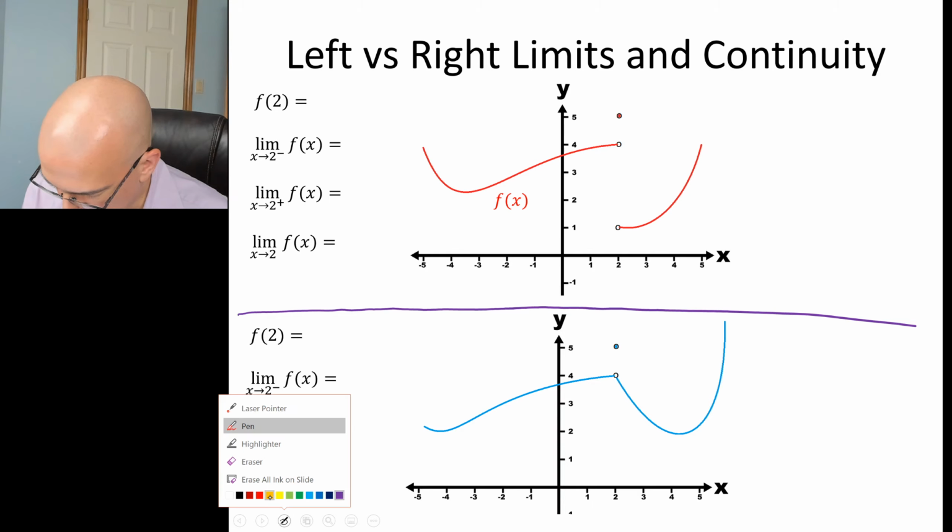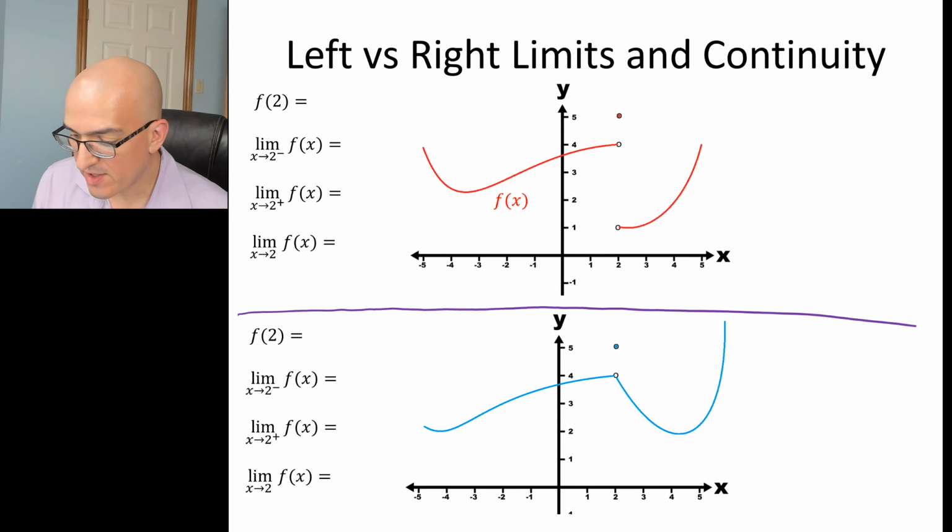For the top graph, we're asked, what is the value of the function when x is exactly 2? That's f of 2. So we go to an x value of 2, and we're looking for the filled-in circle. And that filled-in circle is happening on a y value of 5. Remember, when you plug a number into a function, you get a y value. When you perform a limit on a function, you also get a y value. So anyways, this is a function evaluation, looking for the y value when x is exactly 2, and the answer is exactly 5.